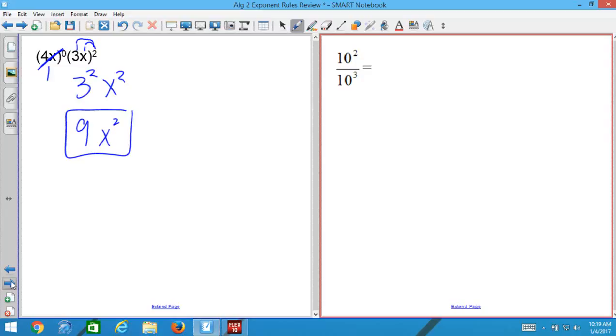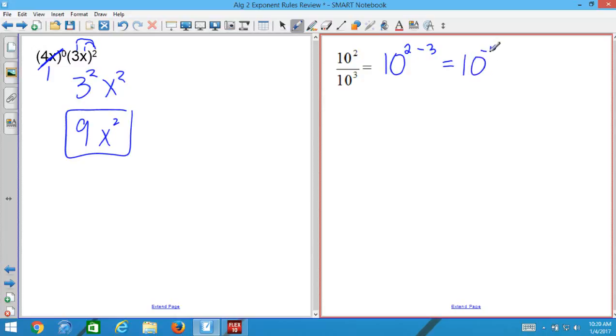There are 2 different methods that I've seen people do for these. I'm going to go off of the chart, and then I can show you the other method also. So the chart says if we are dividing, we're going to subtract the exponent. You always want to subtract the top exponent first minus the bottom exponent. And then when you subtract them, it is always on the top after you subtract it.